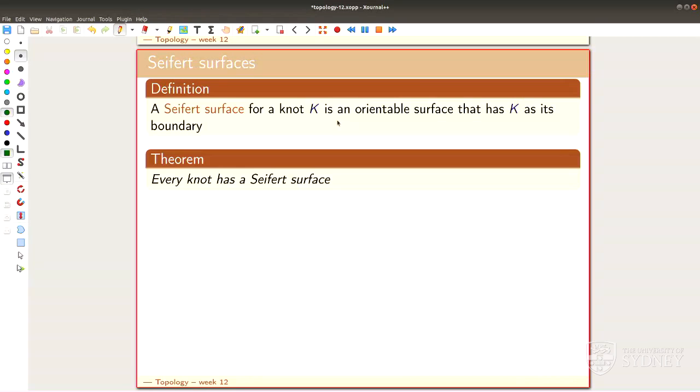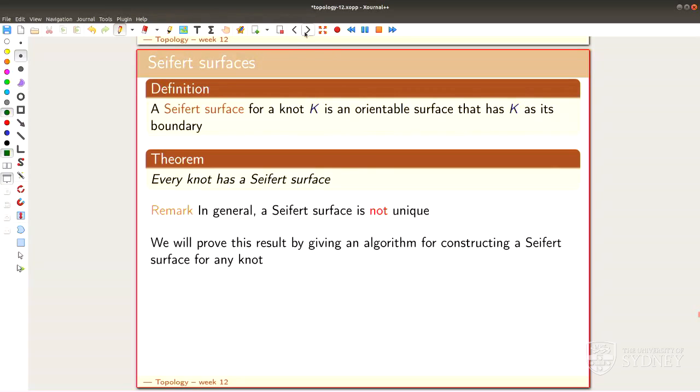We'll see what that means. It's really beautiful. But in general, note that it's a Seifert surface, not the Seifert surface. So it's associated, you will see it, to a diagram. So it's not unique. There are many, and we are kind of looking for the easiest one, the minimal Seifert surface, if you want. We'll be more precise in a second.